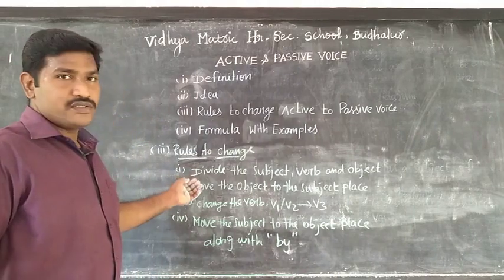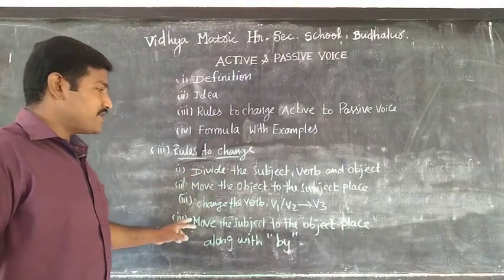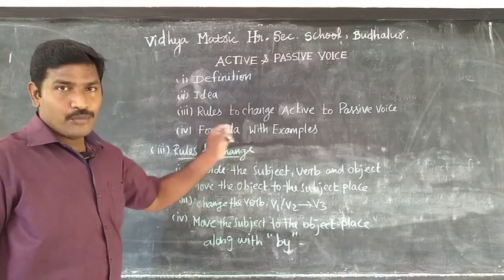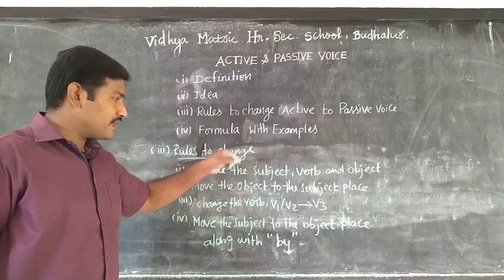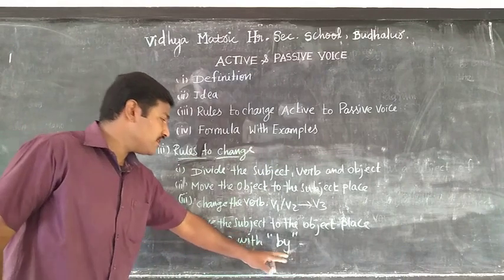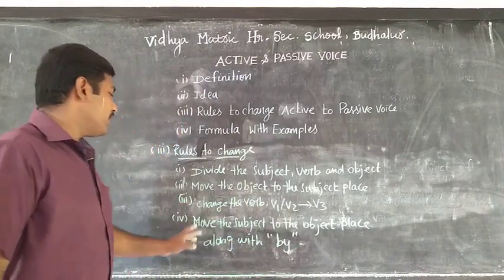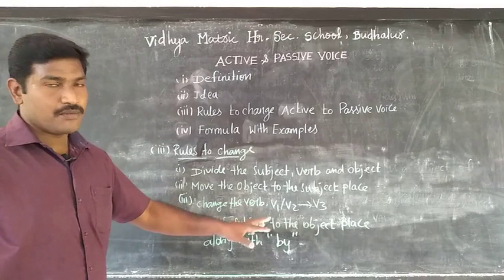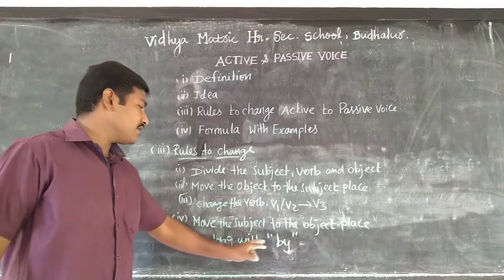In active voice to passive voice, the subject has to move to the object place. It comes along with by. That is very important. Whenever the subject moves to the object place, it must come along with by.